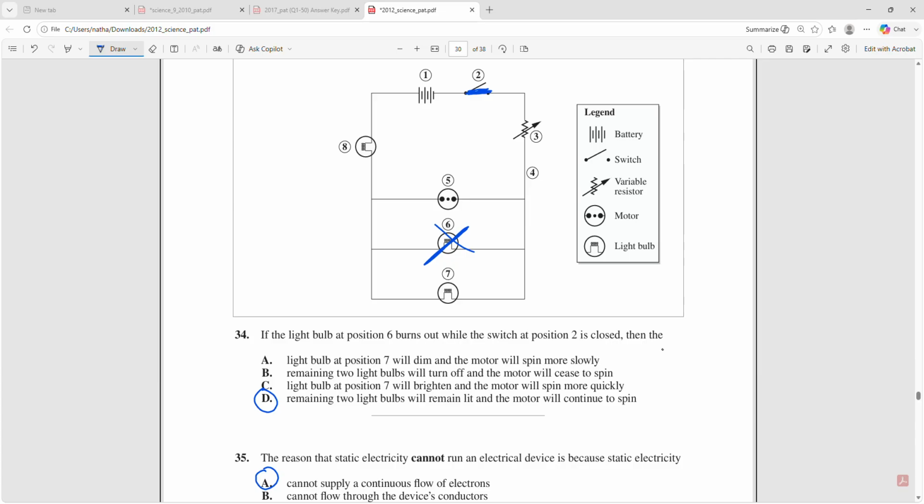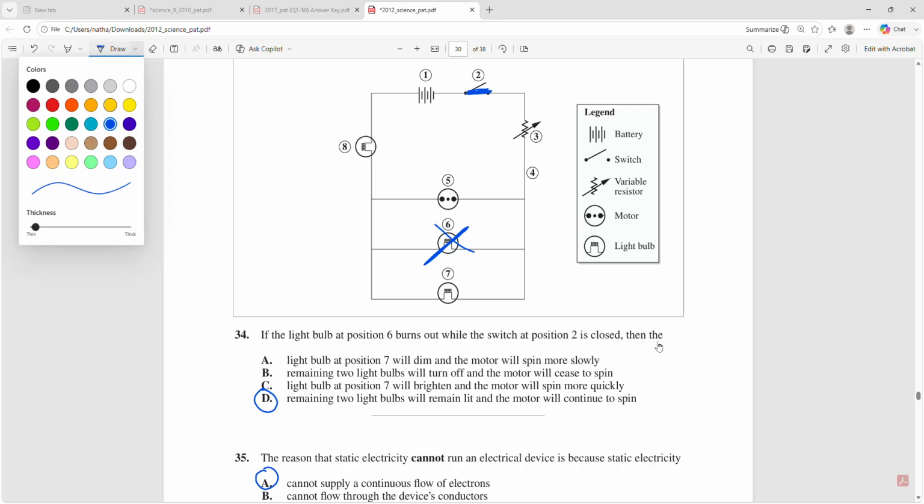It gives us some options. A: the light bulb at position 7 will dim and the motor will spin more slowly. So where are we? Light bulb at 7 will dim and the motor will spin more slowly.